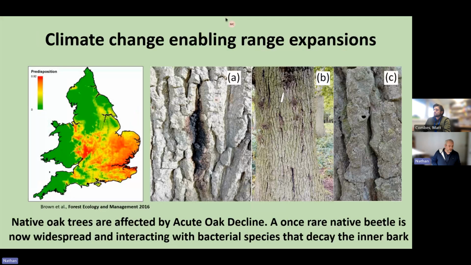The beetle, once described as a rare native just found in parklands, is now being found all over in quite large numbers. We've done some risk maps from reports that we receive through Tree Alert, and found these are linked to the warmest areas of the country, areas with low rainfall, and interestingly, areas with high nitrogen deposition and low elevation. So something in the climate is allowing this once rare beetle to do quite well.